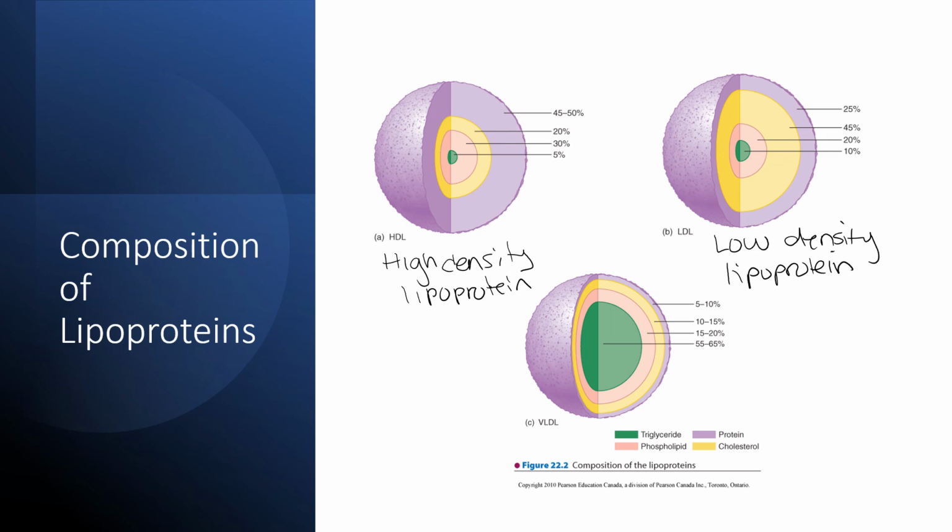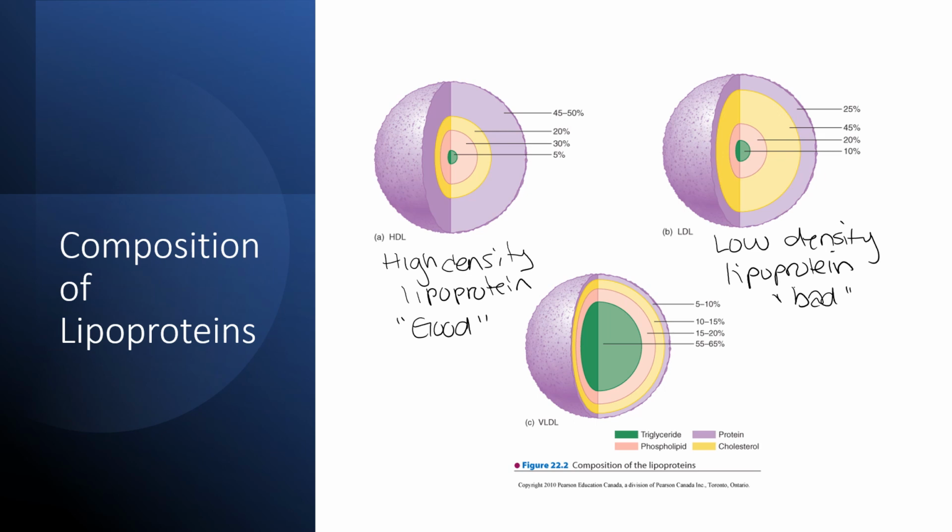And so often you probably hear that we talk about good and bad lipoproteins. Your high density is considered to be your good lipoprotein, and your low density lipoprotein is considered to be the bad lipoprotein. Now, atheroma is primarily made up of LDL, the bad, so the low density lipoprotein.